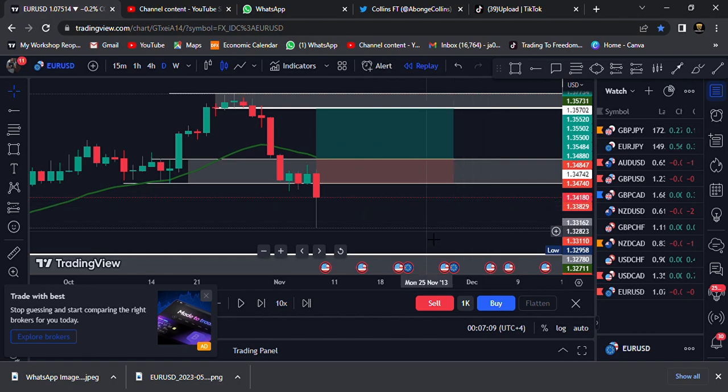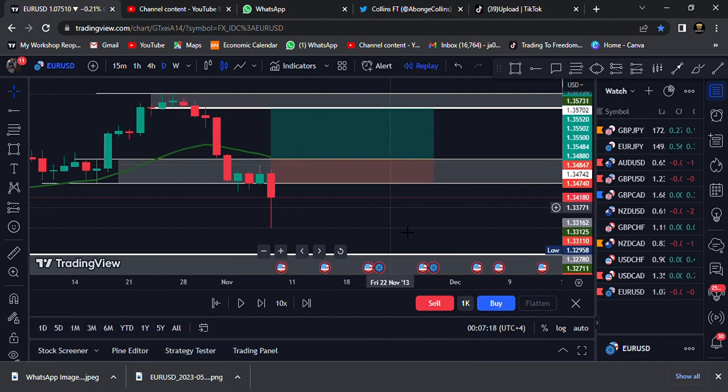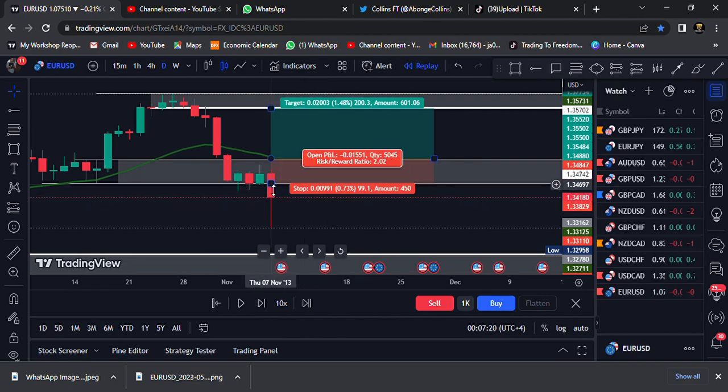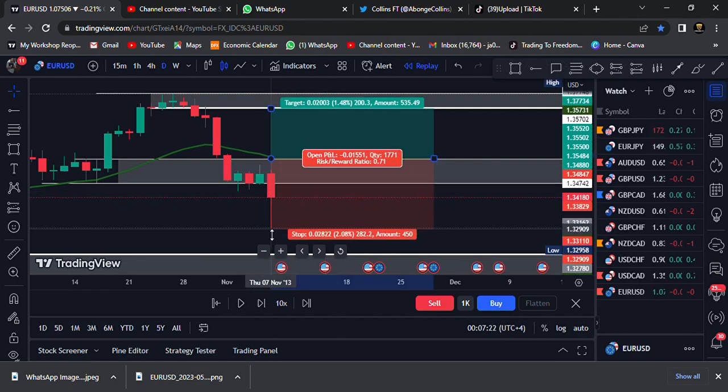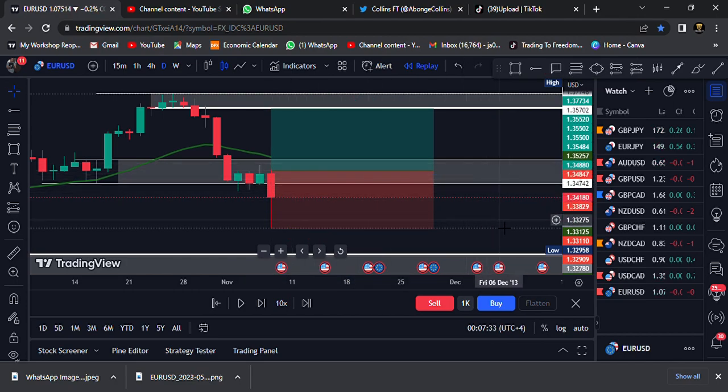This is a bit different from our regular strategy, but as we go through our journey, we try new things, because first of all, this is how it should have been with our regular strategy. It should have been like this exactly. But remember guys, we said we're not going to trade inside here, because inside here it's very risky.